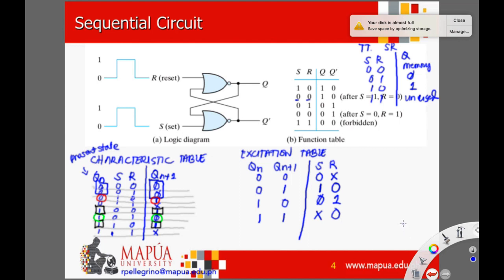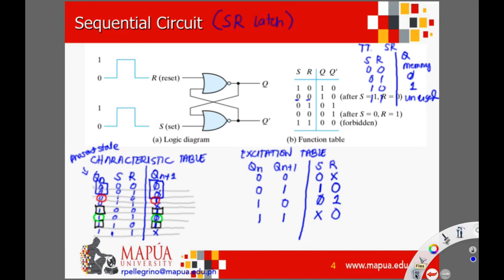So that is the excitation table for the sequential circuit SR, for the SR latch. Okay, we will be continuing with the next.